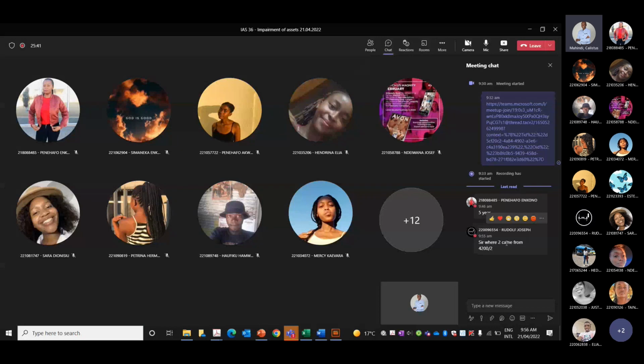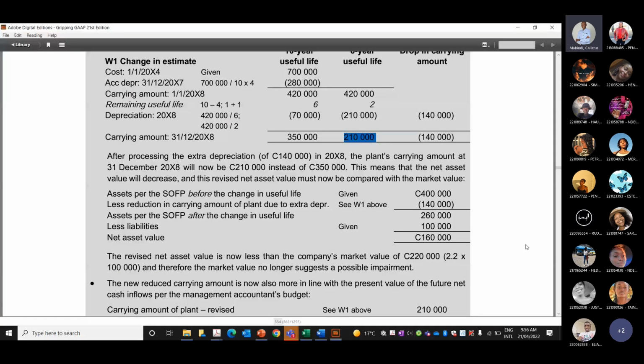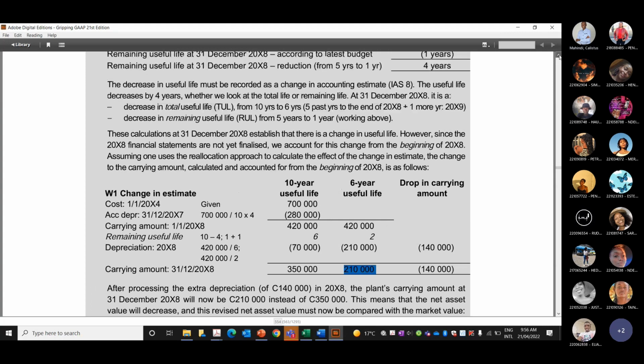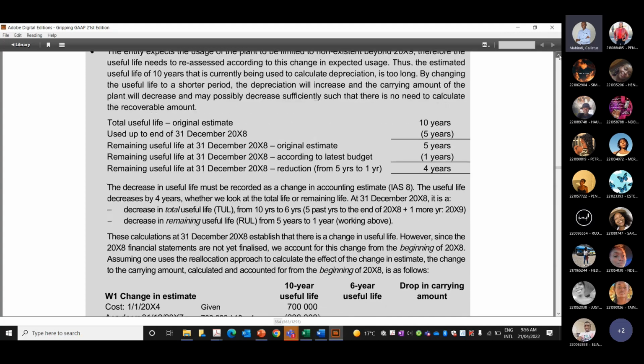Someone asked a question: where does the 2 come from? Okay, so this is what I was explaining. Let us go and look at the original question.